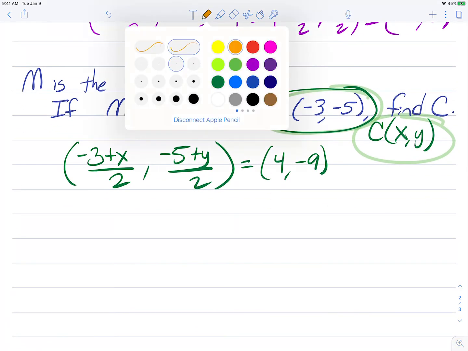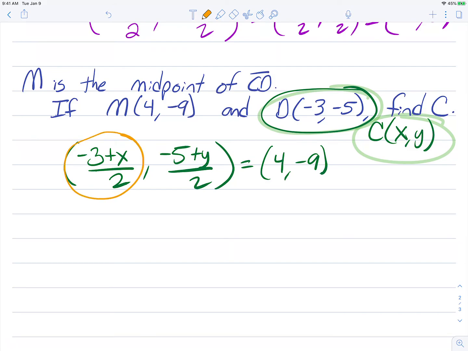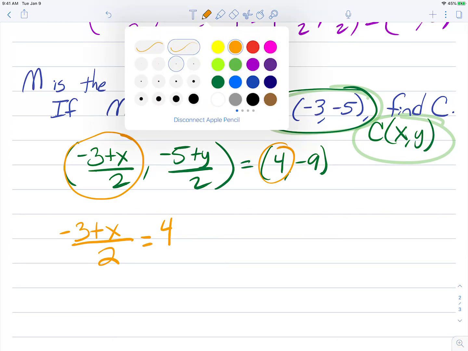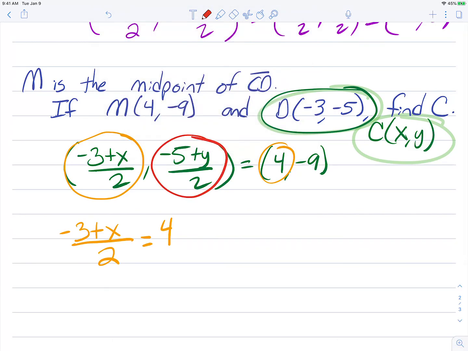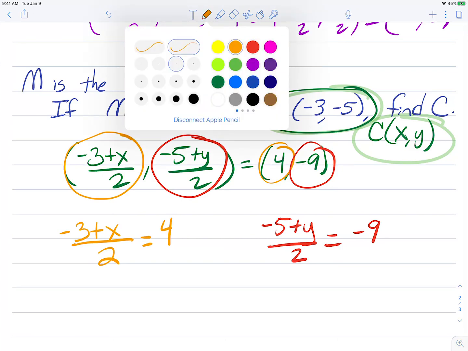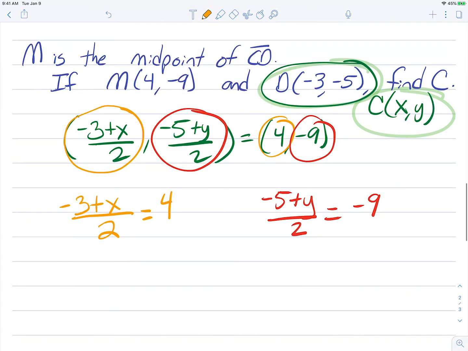So what I can do is say somehow when I take -3 and I add an unknown x coordinate and divide it by 2, my answer should be a 4. And if I take -5 and add it to the unknown y coordinate and divide it by 2, my answer should be -9. I now have 2 equations that I can solve. So if I multiply both sides by 2, I get -3 plus x equals 8. If I add 3 to both sides, x equals 11.